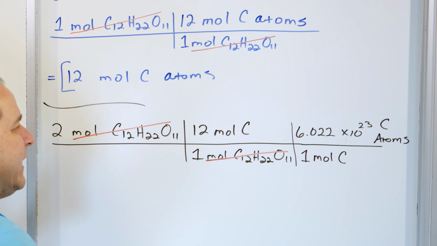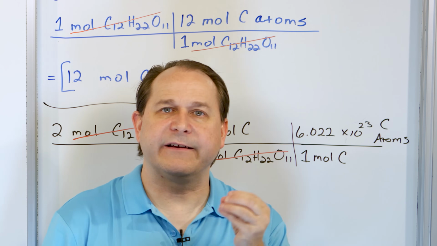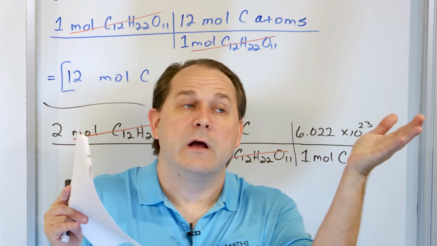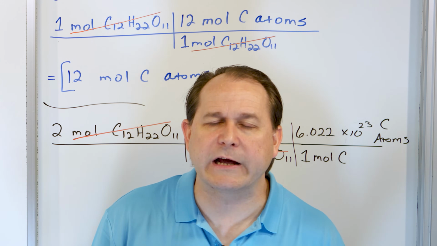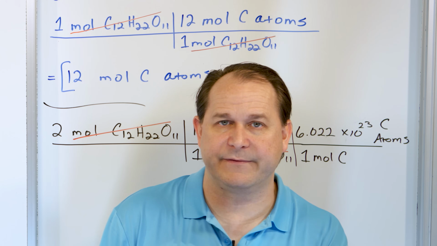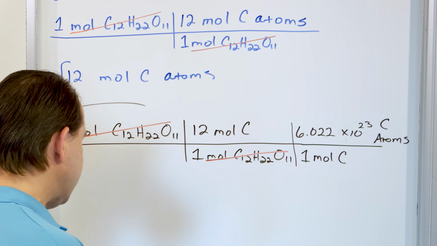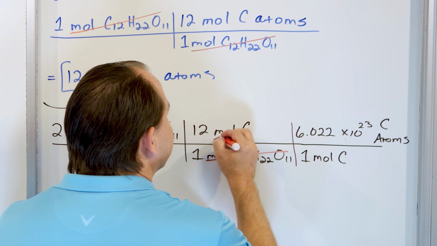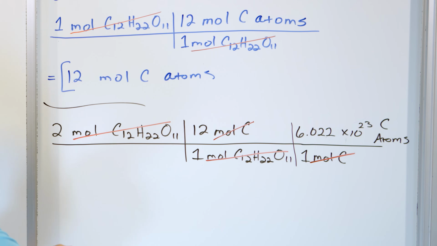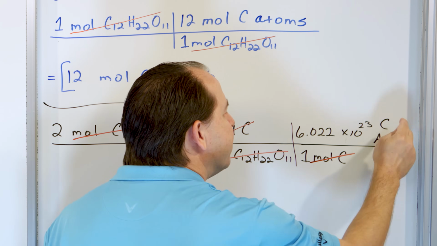Because that's what a mole is. 1 mole of carbon is 6.02 times 10 to the 23rd fundamental units of whatever it is you're talking about. In this case, carbon refers to atoms, so it's that many atoms. And so when we do it this way, 1 mole of carbon cancels, and the only unit left is carbon atoms.